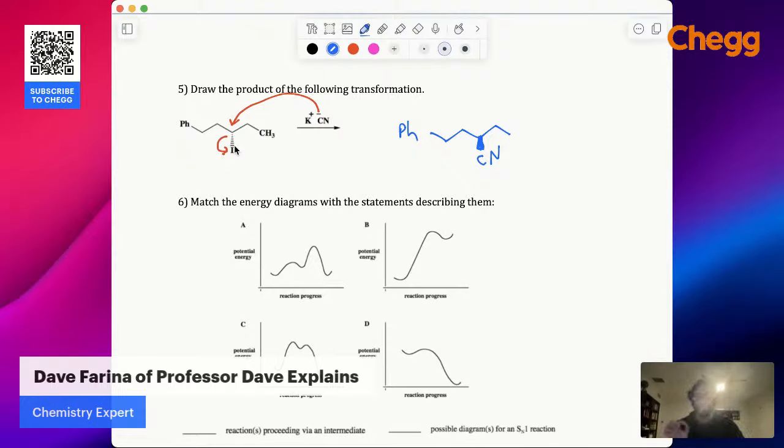So here's the carbon and the leaving group. The orbital that the nucleophile needs to dump electron density into is 180 away from that. So it's going to do what's called a backside attack. It's attacking from exactly the opposite side of that bond to the leaving group.